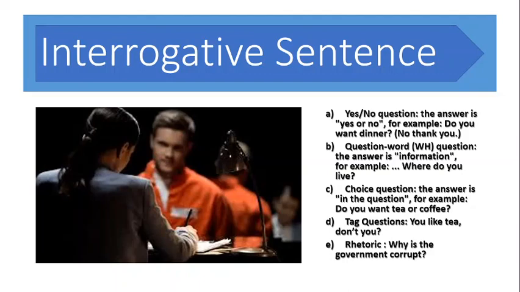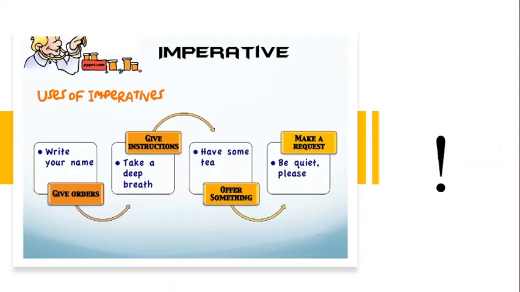Having concluded interrogative sentence, we move to this other type of functional class of sentence called the imperative. Imperative sentence has four functions. Ordinarily, they also begin with capital letter and they will end with exclamation mark. We have some that are used to give orders. Write your name, you are giving an order.